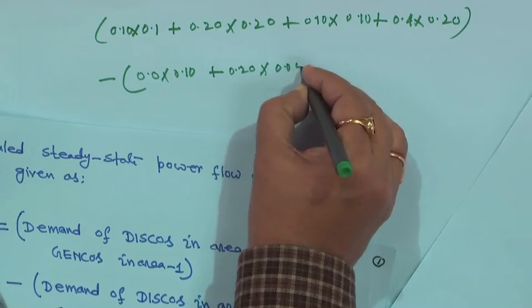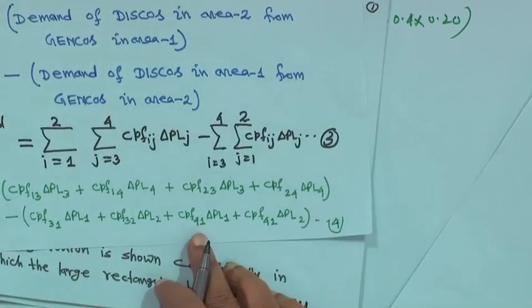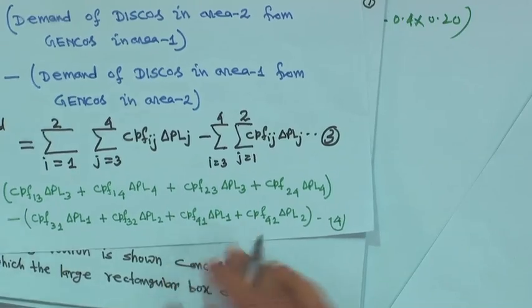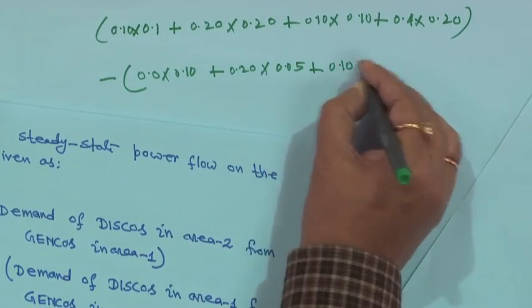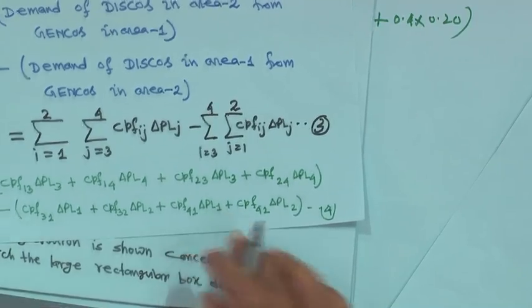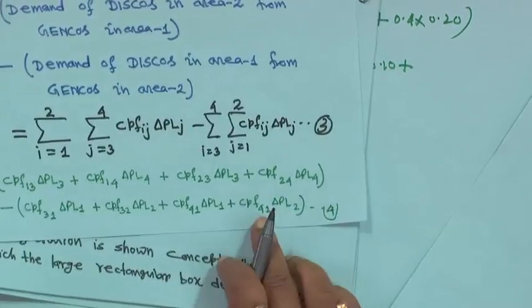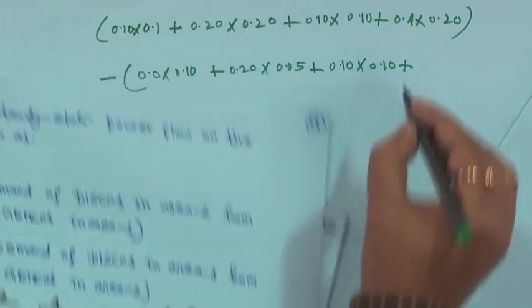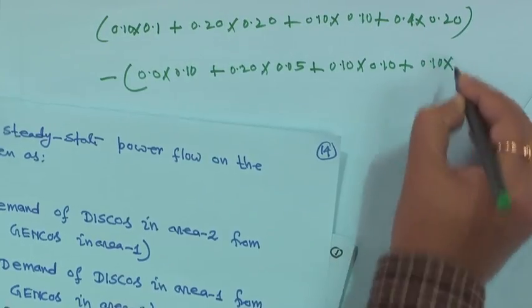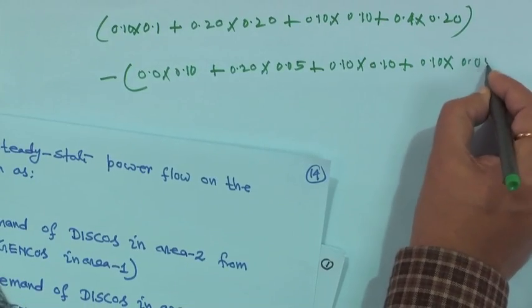Then plus CF41, which we have taken 0.1, so 0.10 into delta PL1 of 0.10, plus CF42, again 0.1, into delta PL2, which is 0.05.